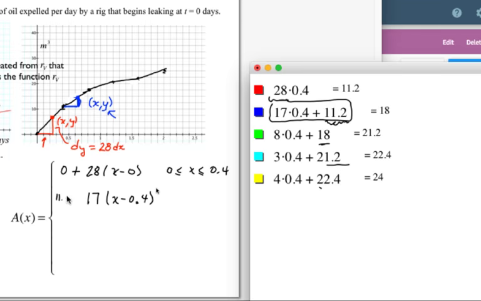And so what do we get? In this second interval, final y equals initial y, and notice the initial y in this interval is the same as the final y in the other interval, at the very end of the interval. And then that's going to be from 0.4 to 0.8.